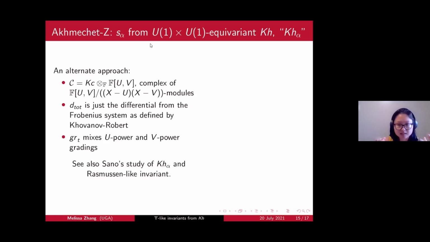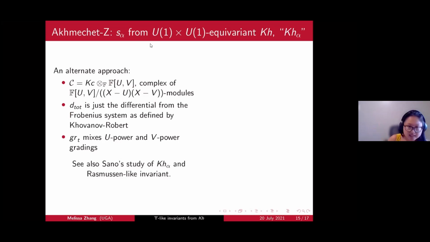And for instance, you can compute the Heegaard Floer homology of large integer surgeries on a knot. I don't know what the analog is in Khovanov homology, but having this symmetry seems to be very important for some algebraic tricks. So our approach is that we're going to take another complex that is freely generated by the usual generators over F adjoin U, V.